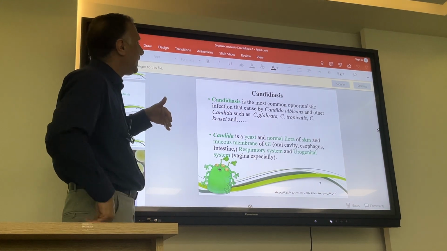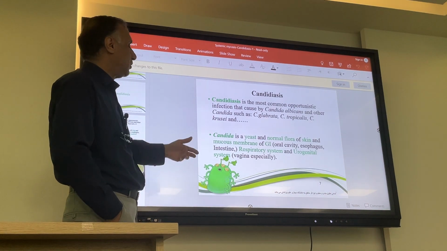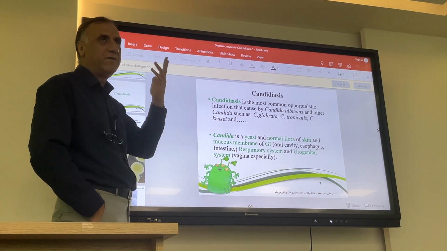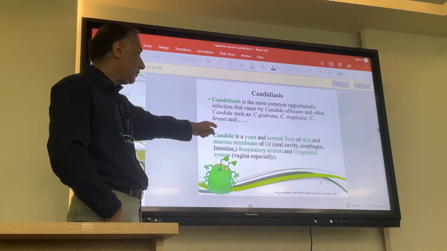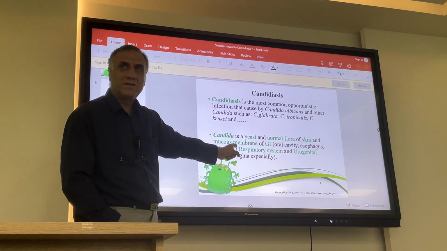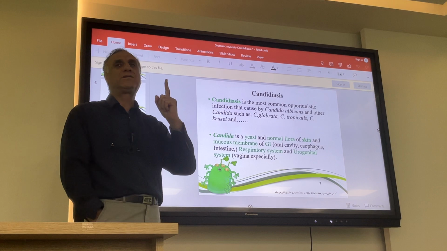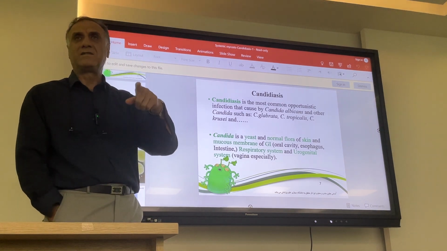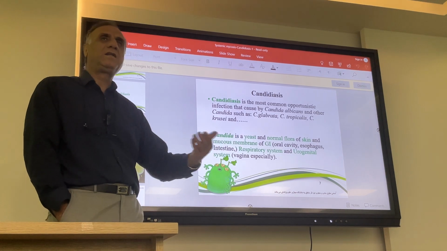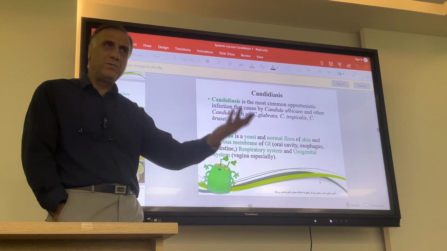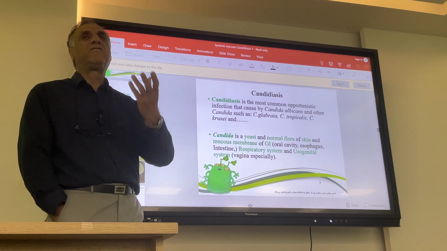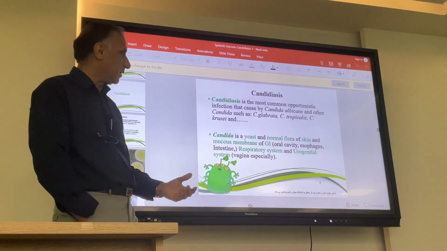But when the body goes to weakness in any way, this microorganism as an opportunistic agent starts to cause disease, starts infection, reproduction, and produces metabolites and leads to mycotic infection.